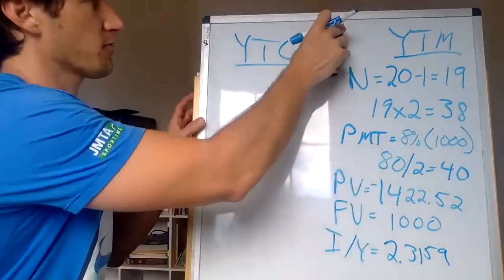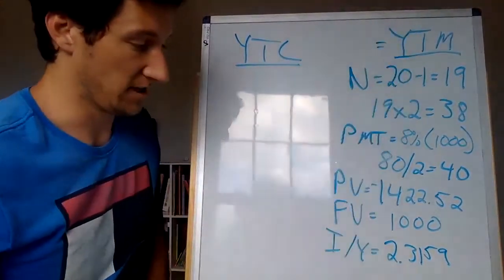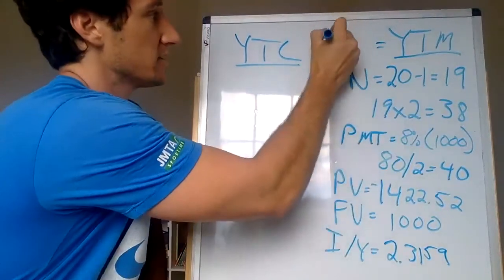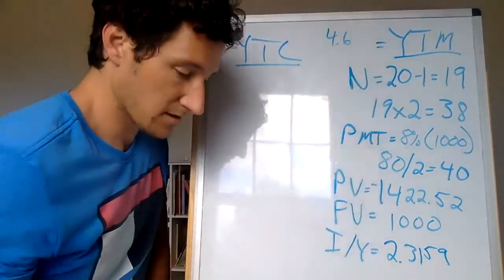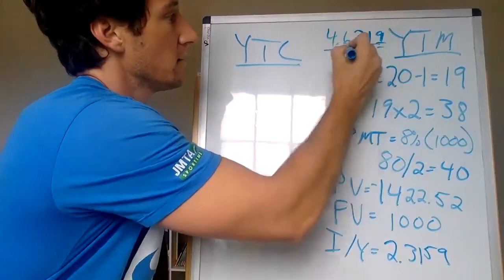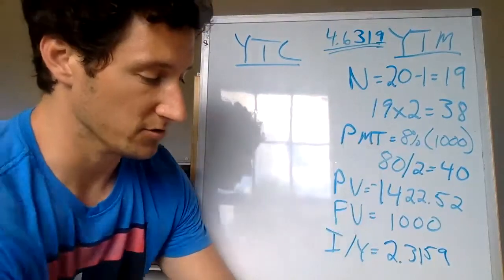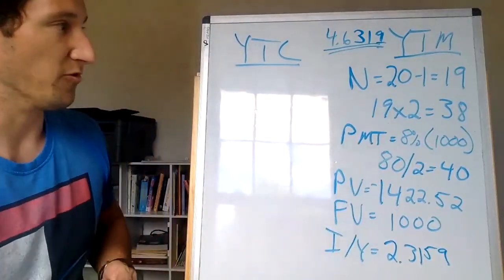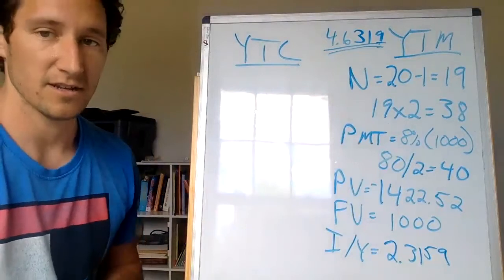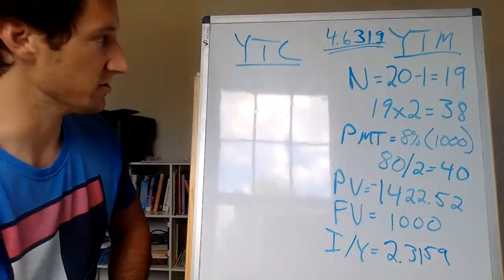So 2.3159 times 2 is going to give you yield to maturity of 4.6319. All right, so that's your answer for yield to maturity. Just like we've done before, the only new thing was this number of time periods changed since some time had passed.